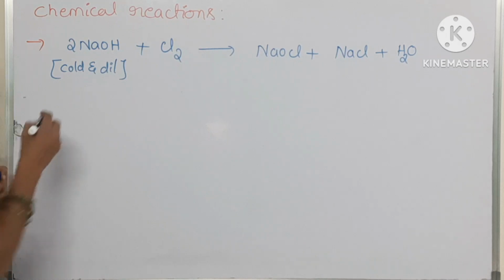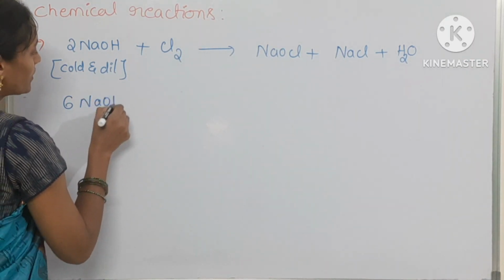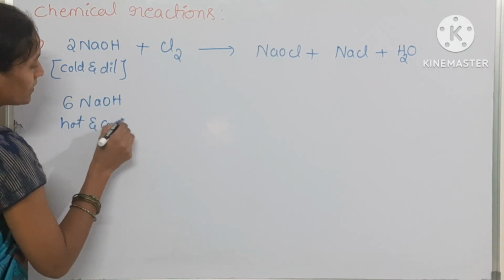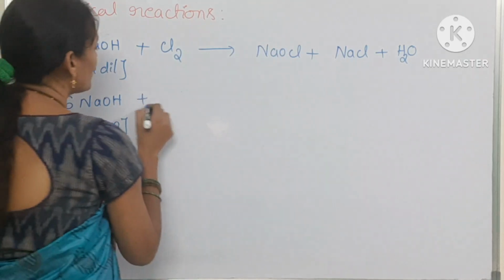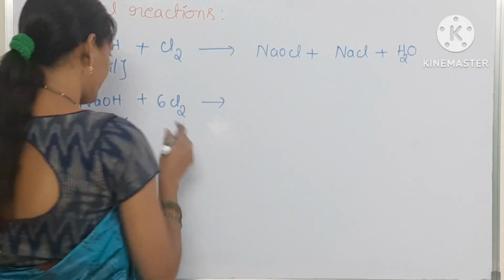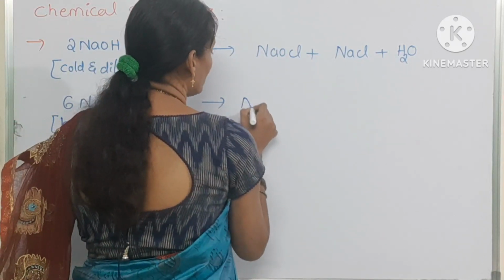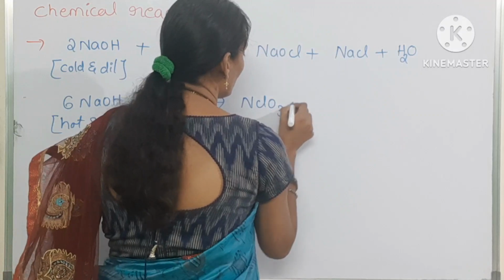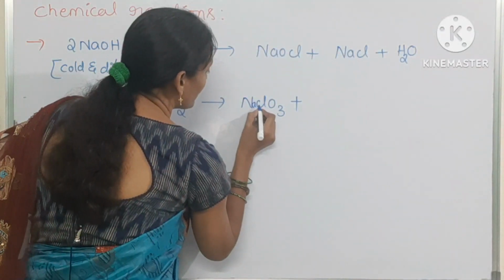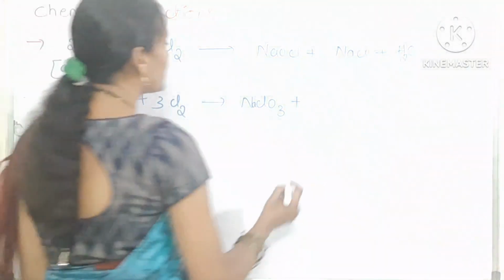Next reaction, hot and concentrated NaOH you can take. If you take hot and concentrated NaOH, 3 moles chlorine you can take. NaClO3, sodium chlorate.